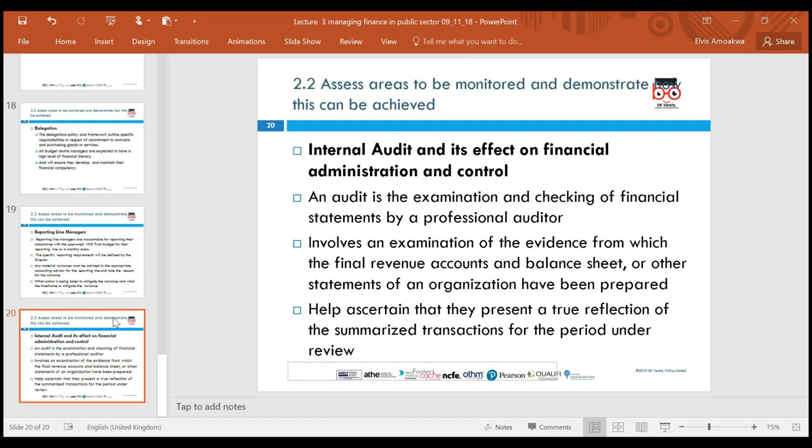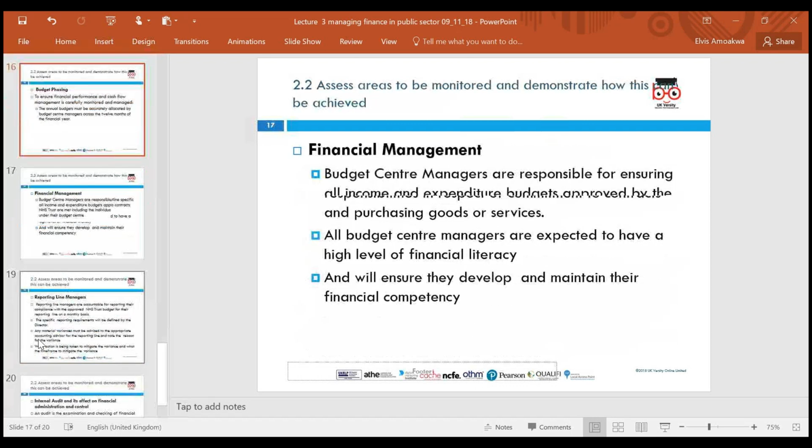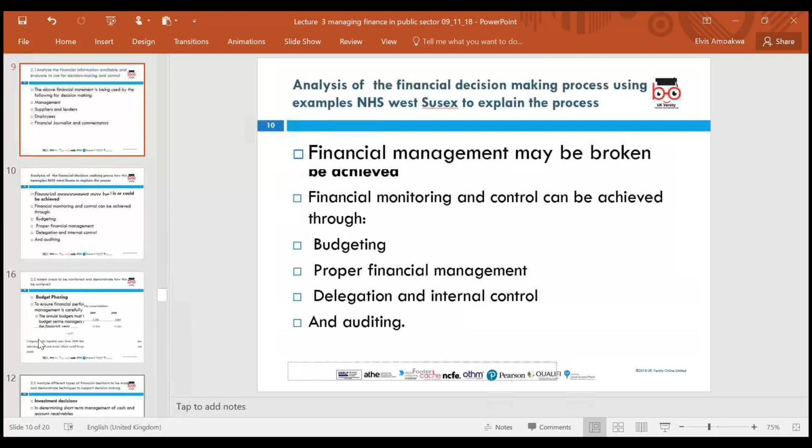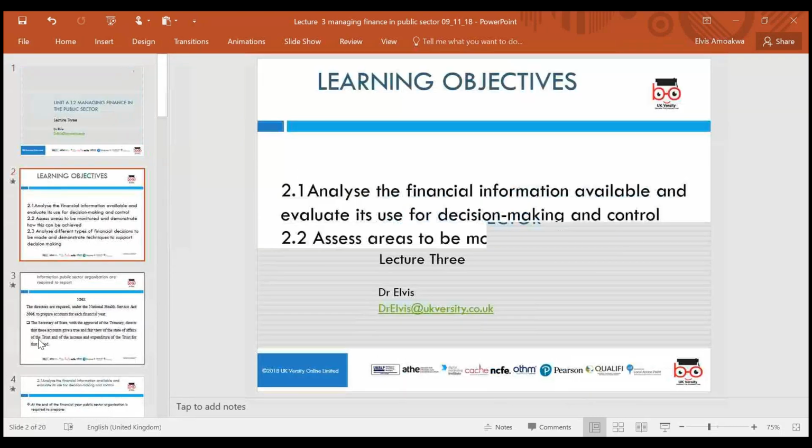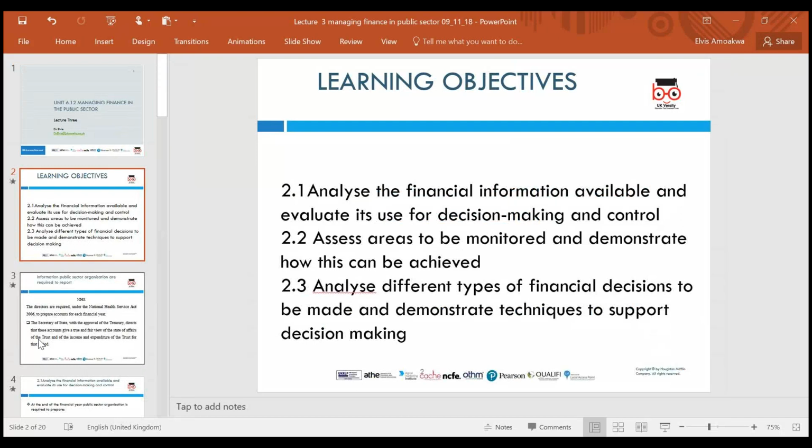All right. If you have any question up to this point, please ask me. If you want me to go back to any of the slides, I will go back and then we'll see what can be done. So we've briefly covered learning outcomes 2.1, 2.2, and 2.3: how we will be able to analyze the financial information available and evaluate its use for decision making.